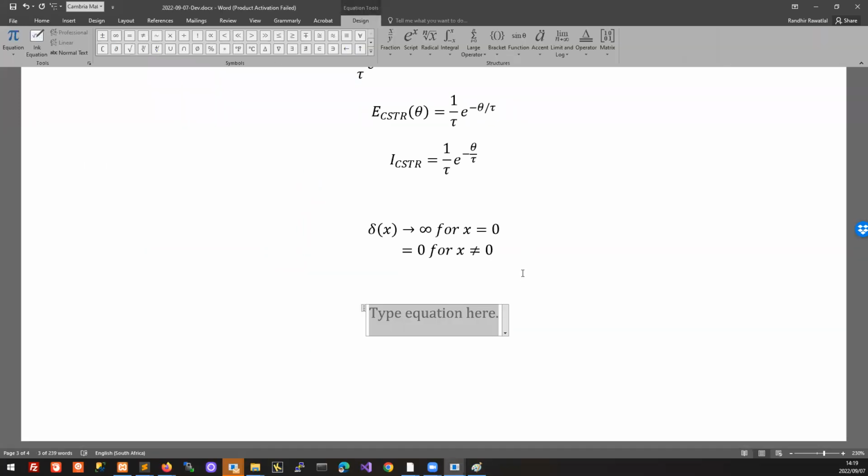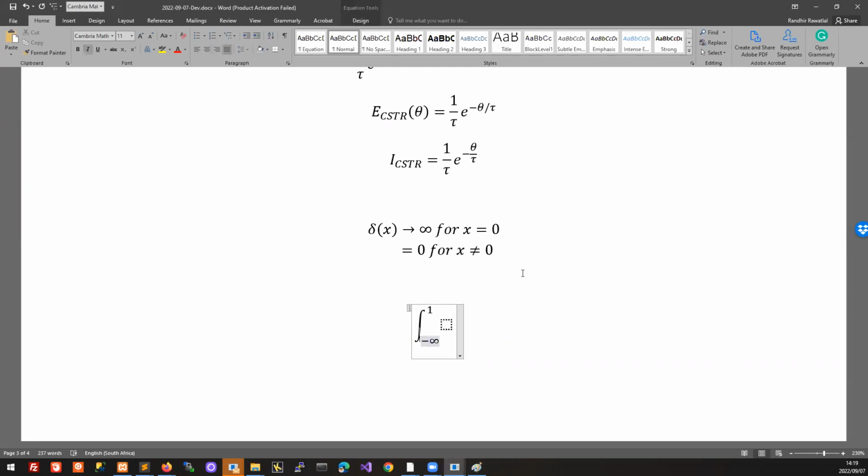It has this crazy property, which is if you integrate it over minus infinity and plus infinity, then, crazily enough, it integrates to a 1.